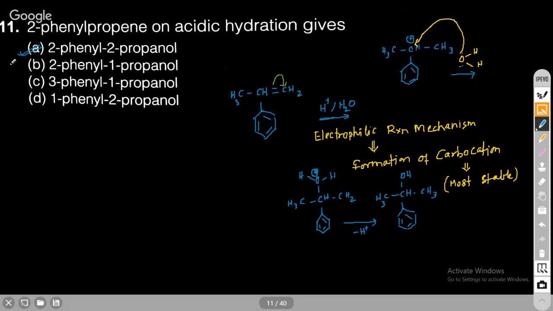Those who have got B, you can understand from this mechanism. Is it clear? Next question.